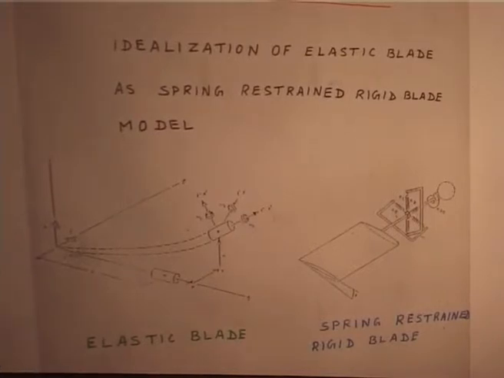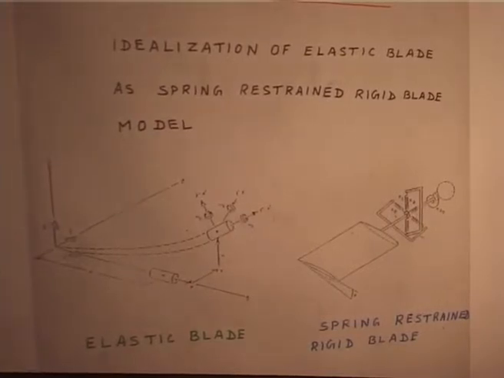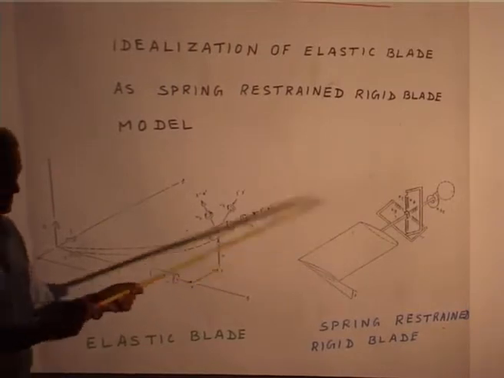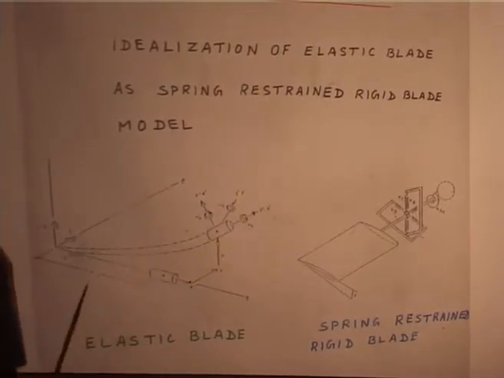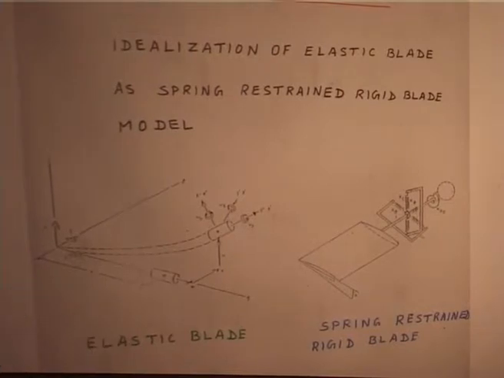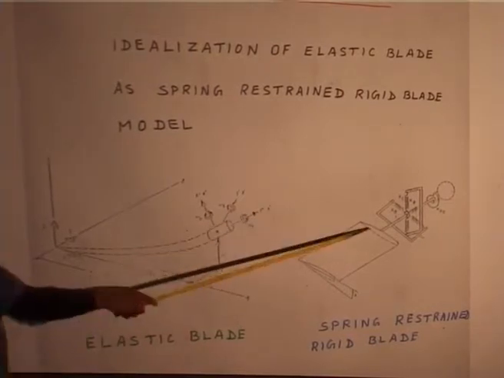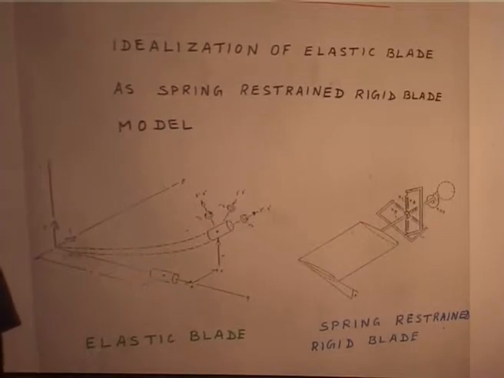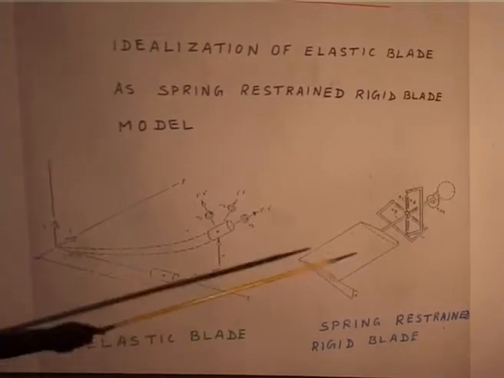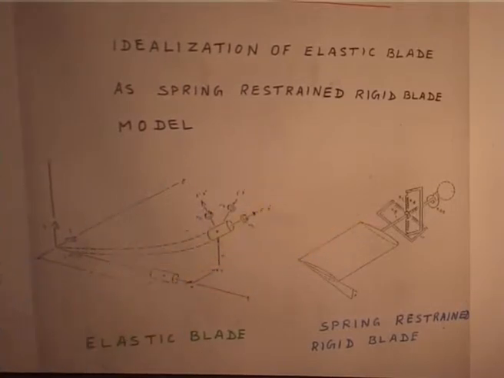This is an arrangement. Okay. This is my own idealization. Now, I idealize my rotor blade like this, and then I go ahead and solve all the problems of the rotor blade by this model. The only question will be what should be my spring constant.